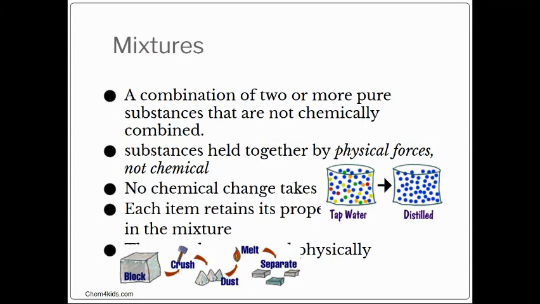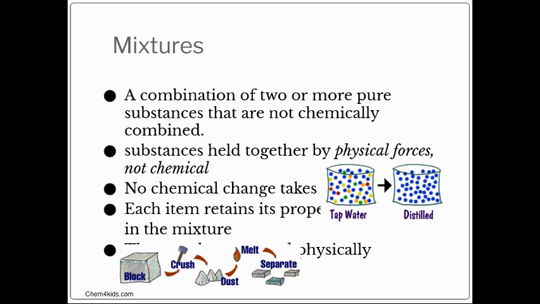So here you can see the different ways to separate out mixtures. You can use a magnet to separate out iron from sand. You could use a filtration device, which separates out the solid from the liquid. You can evaporate out particles from the other particles.